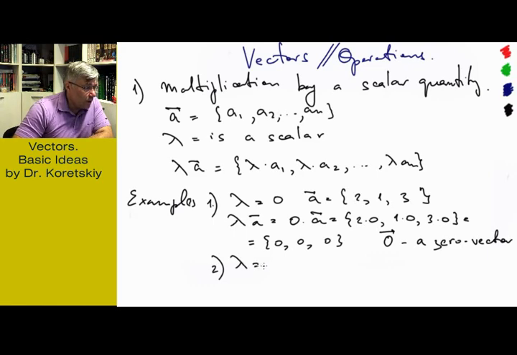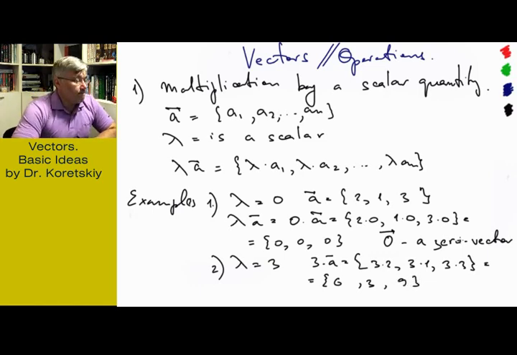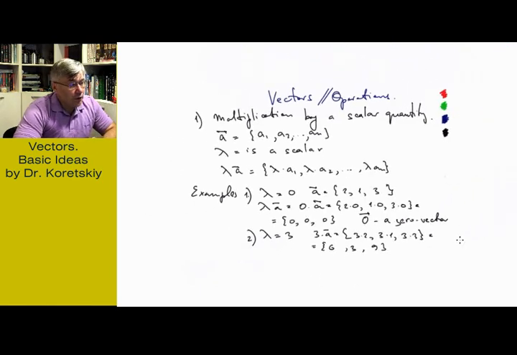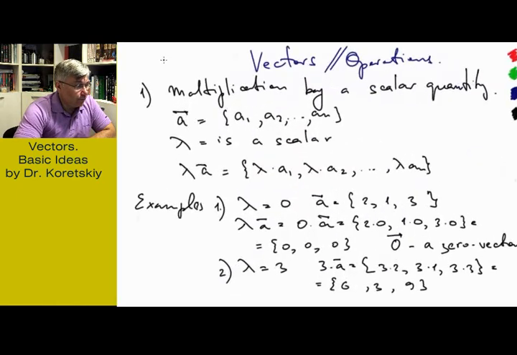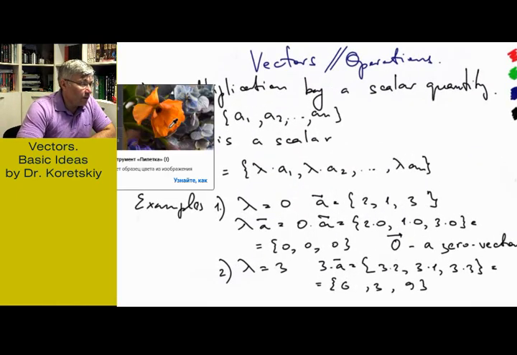And for example, lambda equals 3. 3 times A gives 3 times 2, 3 times 1, 3 times 3, and it is 6, 3, and 9. So one of the conclusions here is that the result of multiplication by a scalar gives us a vector.